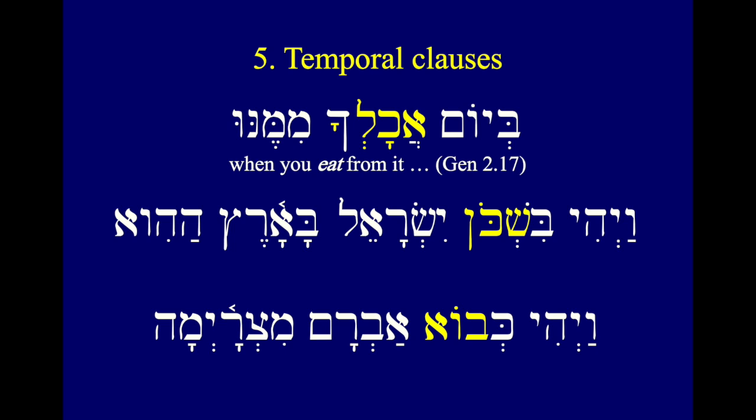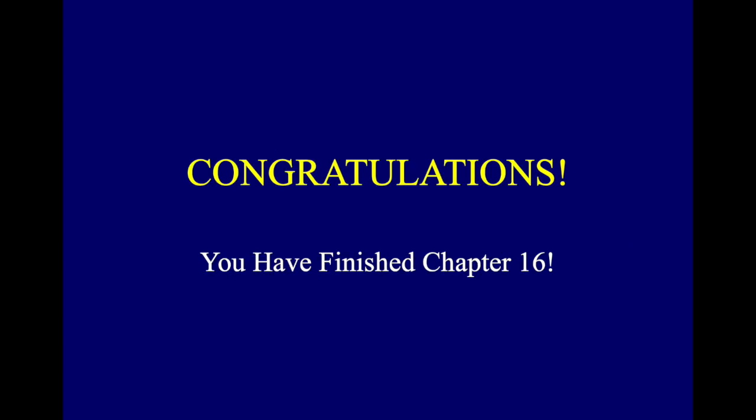And it happened, kavo, ka means like or as, so as to go, Abraham, Mitzrayim is Egypt, and then there's an a at the end, which means towards, right? And it happened, and as Abraham was going towards Egypt. So here's our temporal clause, like kind of when this was happening, then this other stuff happened. And that's when the real kind of sentence begins. That's when the real verb happens, and then the real subject happens, right? And as Abraham was doing this, then this other thing happened. So when Israel dwelled in that land, as Abraham was entering Egypt.